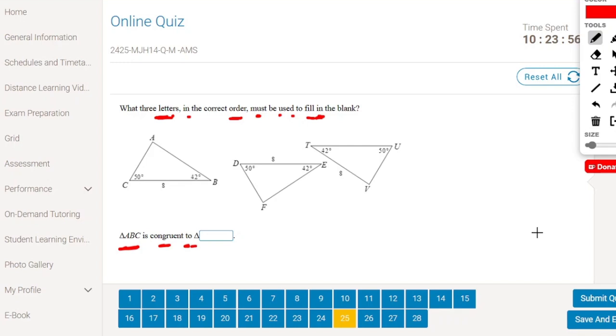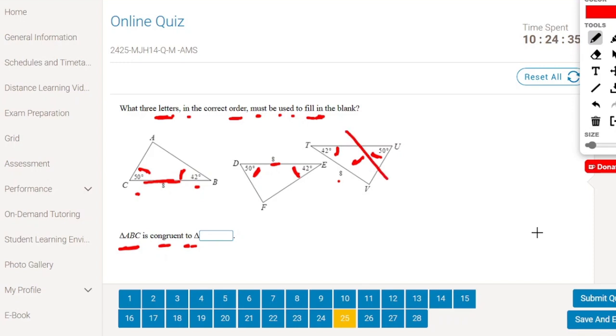Angle B equals angle E, angle T, and angle C equals angle D, equal to angle U. Here CB is 8, and this side is adjacent to angle B and angle C. But the 8 here is opposite to angle U, the 50.